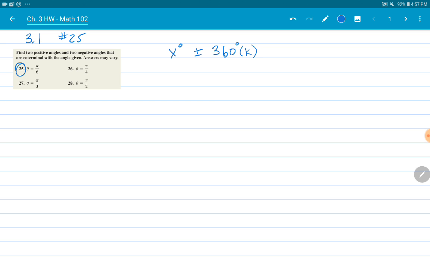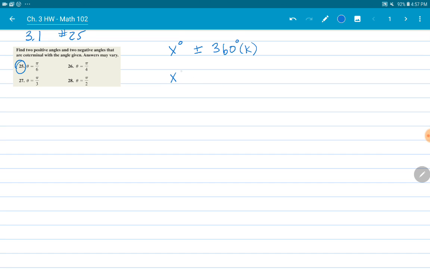It's the same idea with radians, except instead of 360, we have 2 pi. So when I don't write units, that means radians.